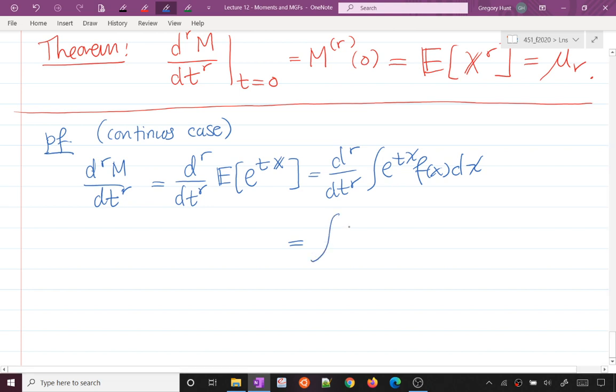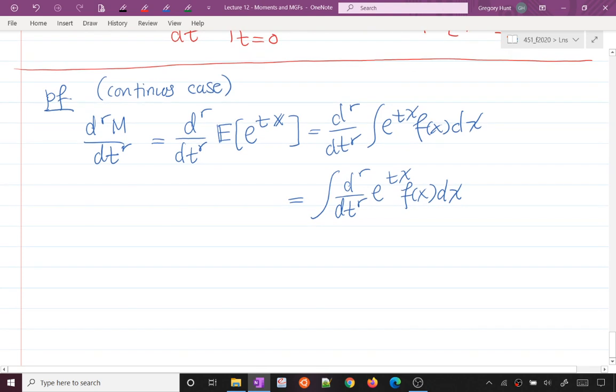But if all of my functions are nice enough, I can push my derivative inside the integral. I'll put a little star here to say that technically I need to justify that move.